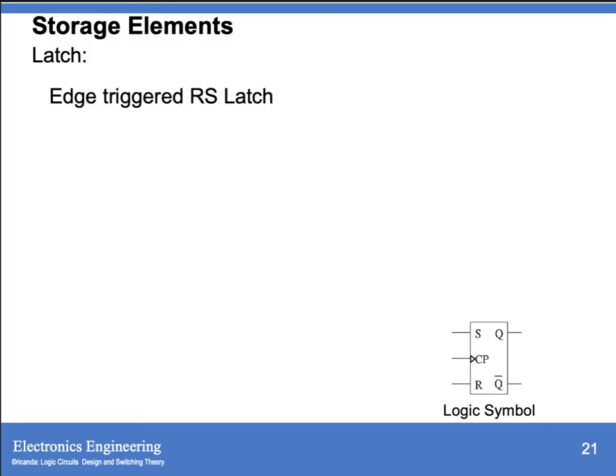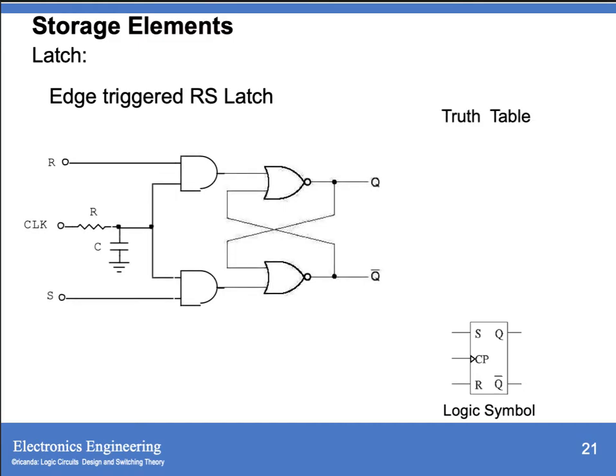So for the edge-triggered RS latch, in your input side, we have the RC network connected. You have to determine your truth table. If your clock is equivalent to 0, and your inputs are all either 0 or 1, since this is 0, both AND gates will result in an output of 0.